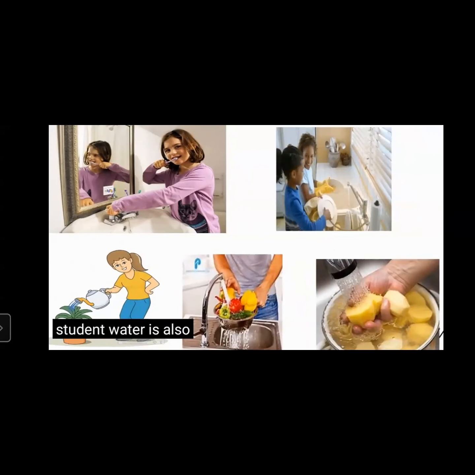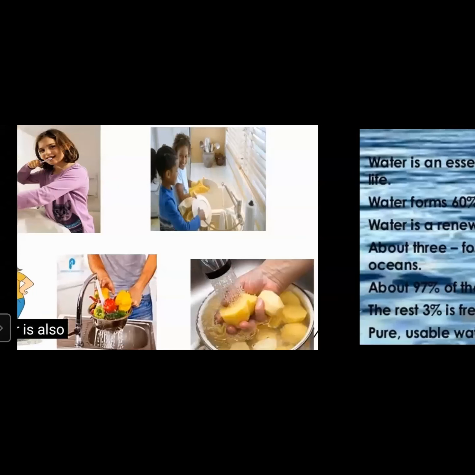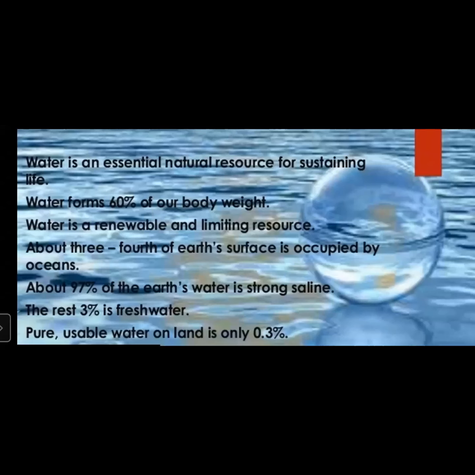So this way we can understand water is useful to us in many ways. Water is an essential natural resource, children, for sustaining life. Water forms 60% of our body weight. Water is a renewable and limited resource.